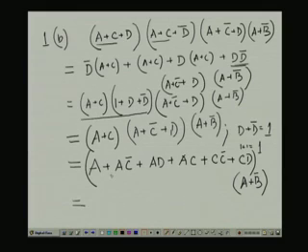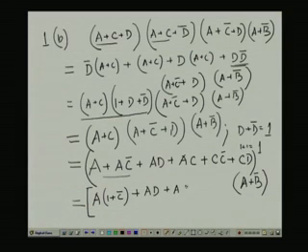If I take two terms at a time, say A plus A C bar, from here if I take A common, then this becomes 1 plus C bar, and I keep the rest as they are: A D plus A C plus C C bar becomes 0 plus C D, and then the A plus B bar term.